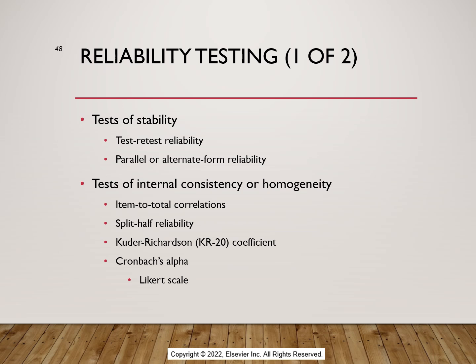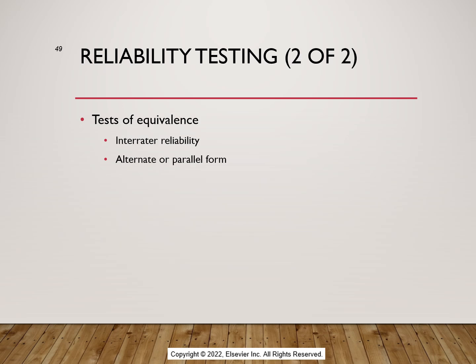It's a little bit in the weeds. However, you may want to look at that part of the textbook as you're reading through your research article, if your research article describes that test of reliability. I do want to call out on this slide the inter-rater reliability.